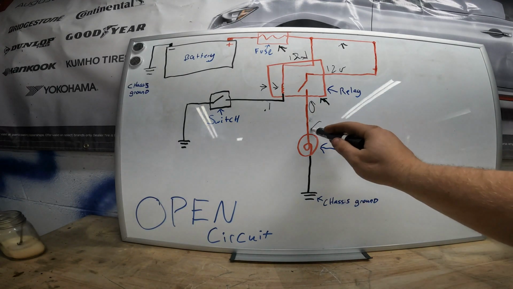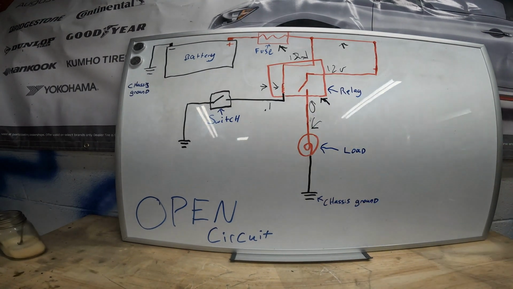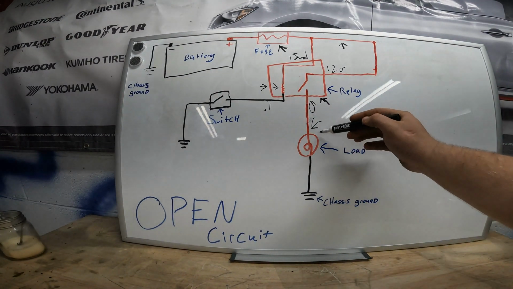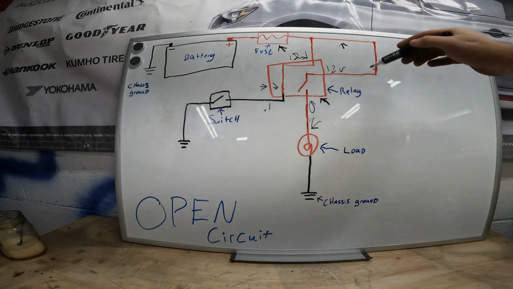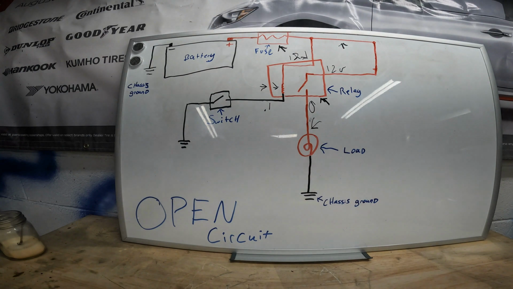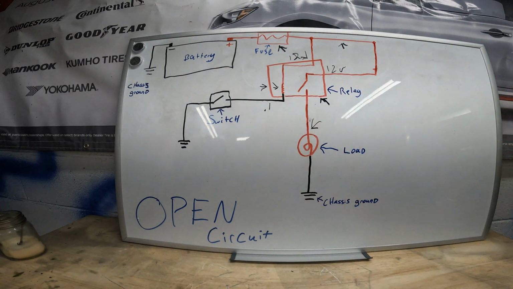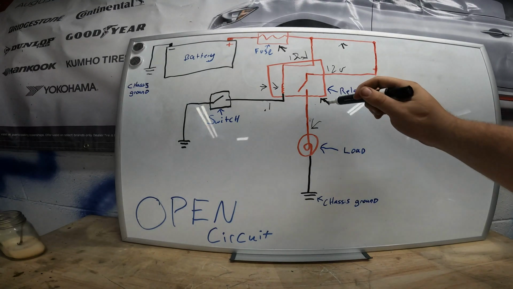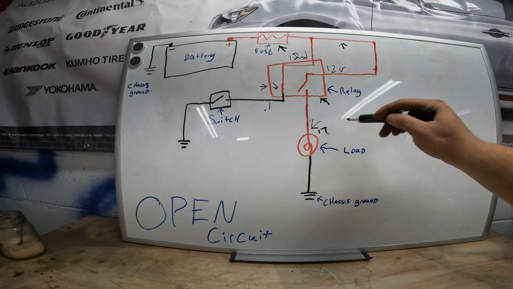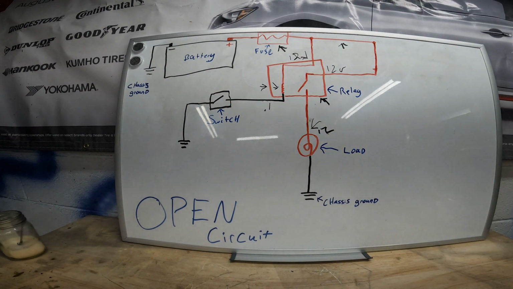Same thing after here. If you have an open, everything after that point will be 0 volts. And that will cause, weird thing, your 12 volts will pass all the way down to here. This is where things can get even more weird.